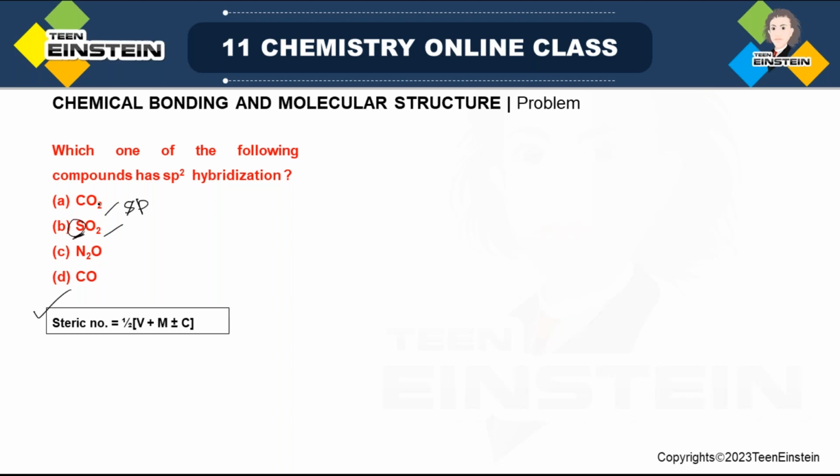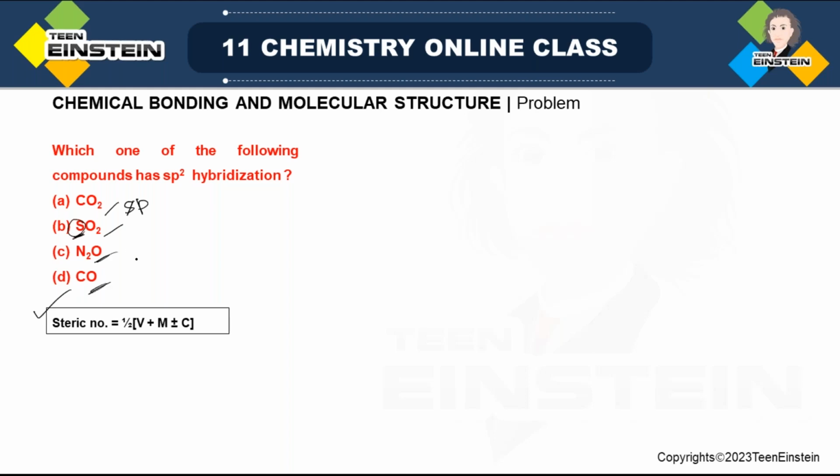But the question is why N2O and CO are not correct answers, and you cannot apply this type of formula in these molecules. Remember, in the limitations of valence bond theory, we have seen that when a coordinate bond, or dative bond, is present, then directly using this formula you may not get the correct answer. For that, we have to draw the resonance structures of these molecules.